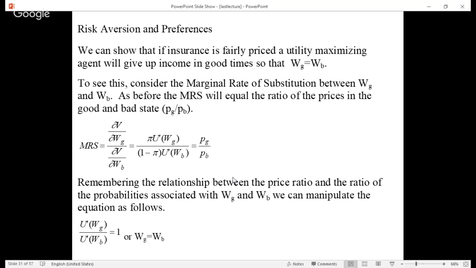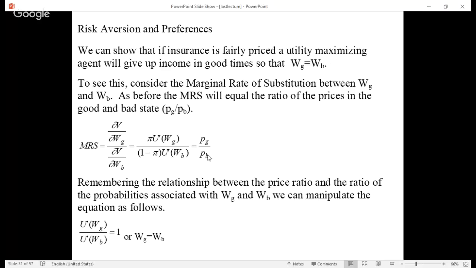So my marginal rate of substitution, the partial of my utility over my wealth in the good times, is pi times U prime WG. And the same thing for bad times is 1 minus pi, the probability of being in a bad time, times U prime WB, the wealth in bad times. And that's equal to the ratio of prices, PG over PB.